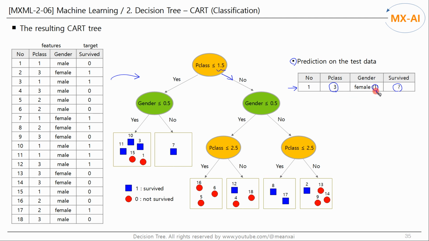Next, since the gender feature is greater than 0.5, we move to the right branch from this node. Finally, since the P-class feature is greater than 2.5, we follow the right branch from this node. Then, we arrive at the final leaf node. This leaf node contains more red points than blue ones. Therefore, this test data point is classified as red, i.e. not survived.